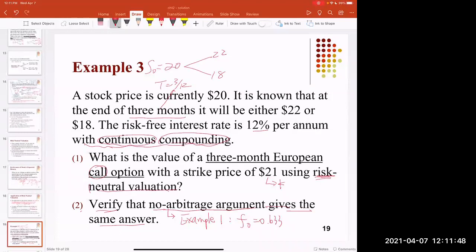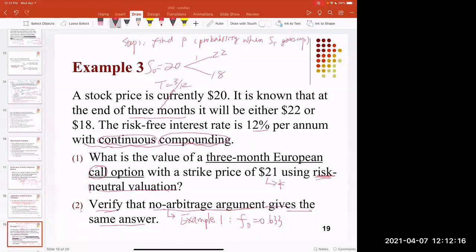First step, step 1, find the probability P, which is the probability when stock price ST goes up.